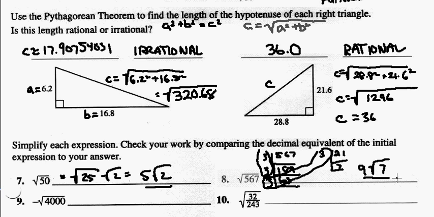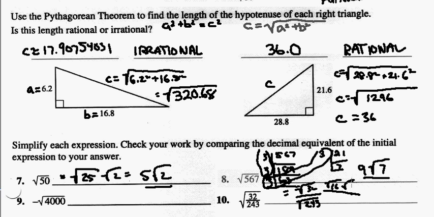Alright, here I have 32 over 243. Okay, so that's equal to the square root of 32 over the square root of 243. So the square root of 32 is the same as 16 and 2.